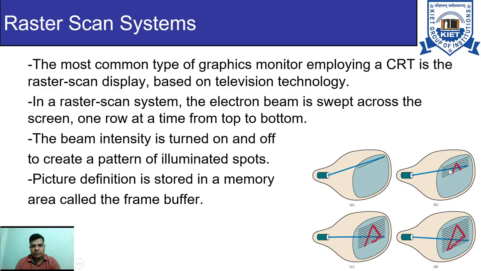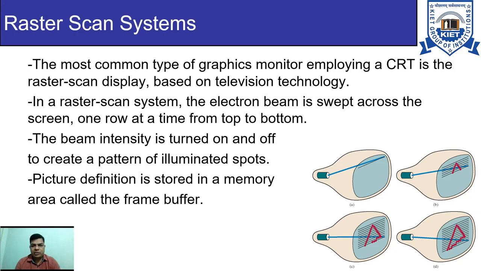So this is the diagram of a raster scan system, and we can see that in this the electron beam is moving across the row from left to right. And when the electron beam moves across a row, its intensity is turned on and off, and basically it depends on the picture definition where to draw the picture.